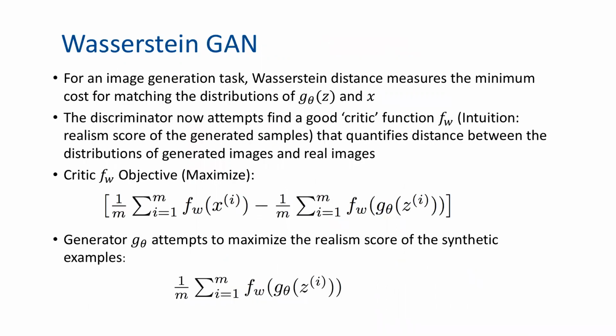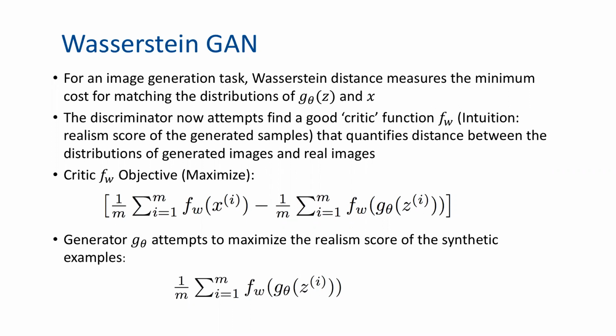Okay. So for an image generation task, we're measuring the distance between the synthetic distribution and the real distribution. So it's really pretty challenging to do this. And in fact, the real implementations of Wasserstein GANs are approximations, pretty rough approximations, but nevertheless they work.